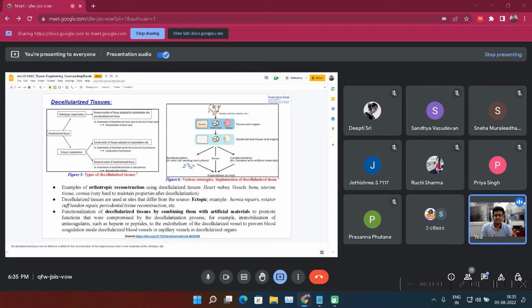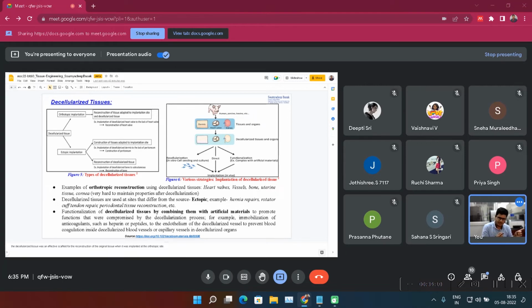What I want to talk about is two kinds of decellularization application, depending upon where they are being employed. It can be either ectopic implantation or orthotopic implantation. These decellularized matrices can be used either ectopically or orthotopically.